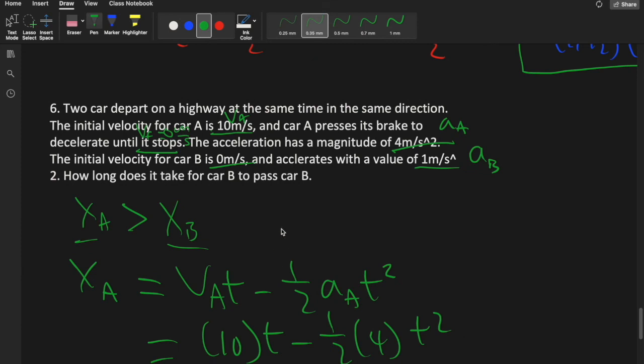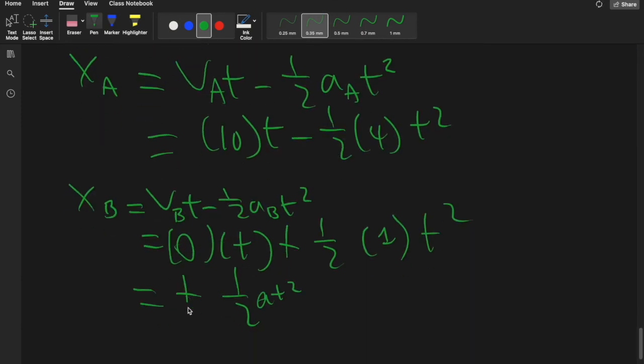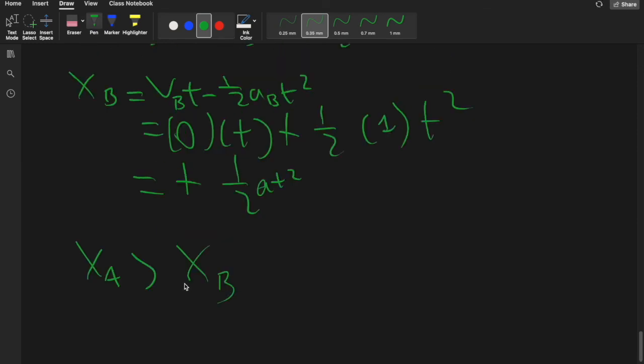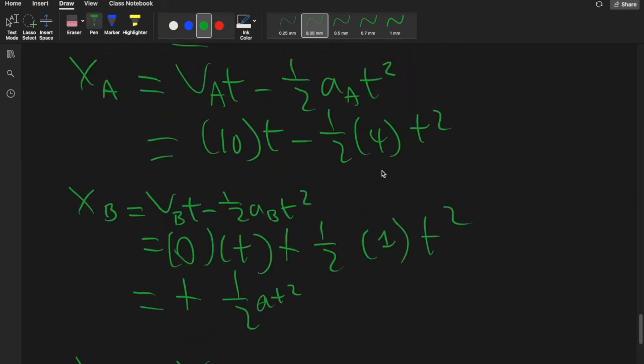Oh, accelerate, sorry, accelerate. So here should be a positive sign. And you know, xA is greater than xB, so 10t minus 2t squared.